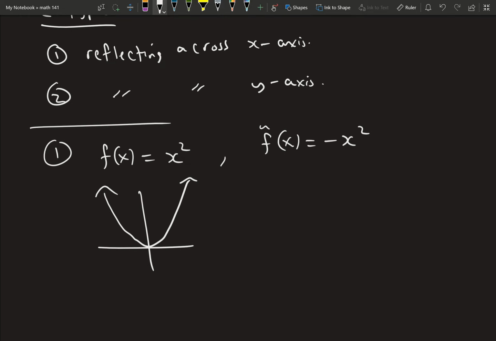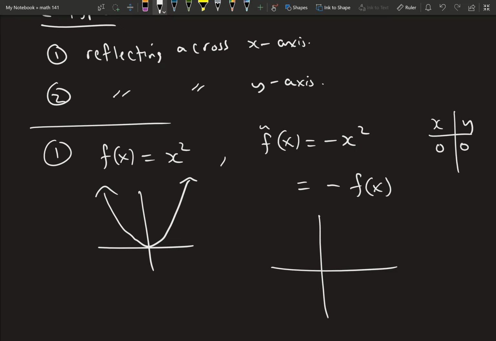Notice this is the negative of the entire f of x. This can be rewritten as simply negative f of x, because if f of x is x squared, and our function is negative x squared, then we're negating f of x. If we plot some points here, let's just plot a couple of points, 0, 0, 1, negative 1.